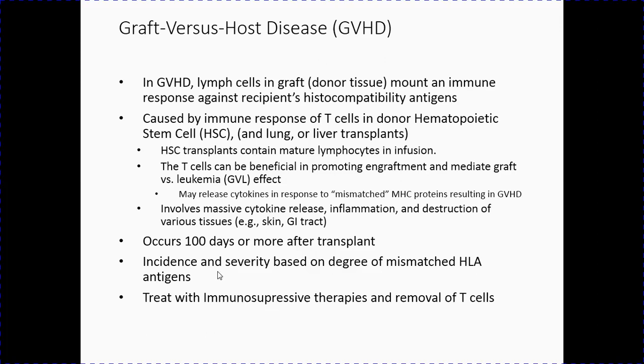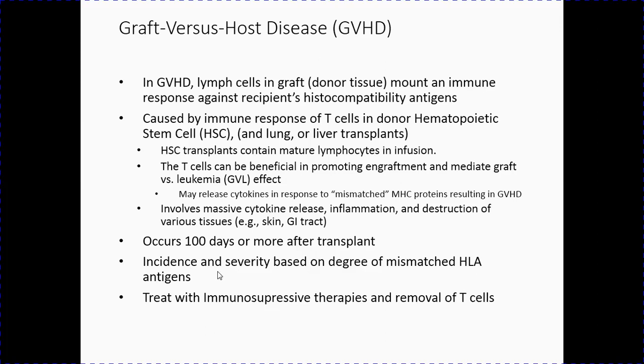This tends to occur 100 days or more after the transplant. It doesn't happen overnight. Again, the incidence and severity of graft versus host disease is based on how mismatched the HLA antigen is. We're going to see it's really important. They're so antigenically diverse that you have to find a tight match, or else you end up with these reactions of the immune system.